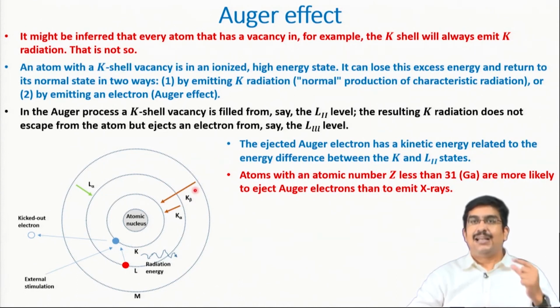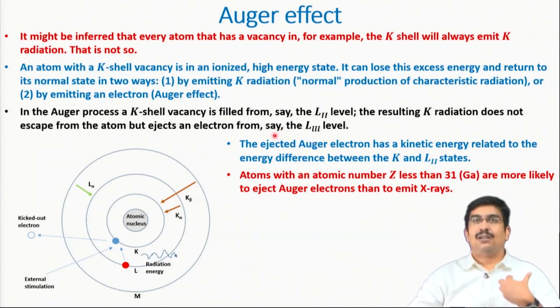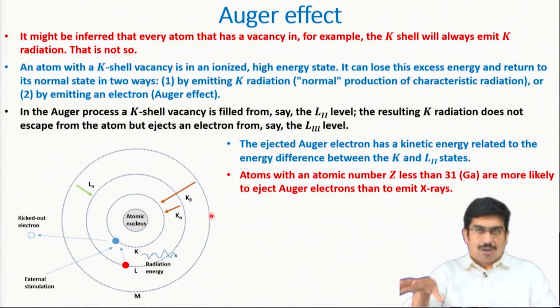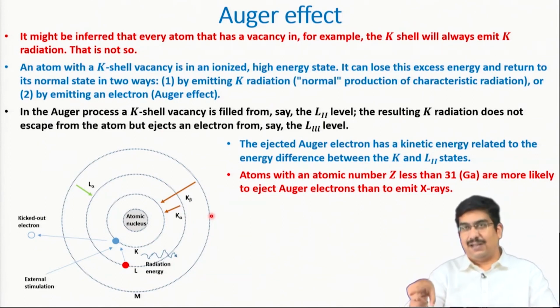Auger electron emission. In Auger electron emission, the K shell vacancy is filled from the L shell, and as I discussed, the L shell has various sub-shells or orbitals. So from any of those orbitals, let us say L2, the K shell vacancy is filled, and the K radiation that is emitted, which is also an X-ray, ejects another electron from the L3 level.